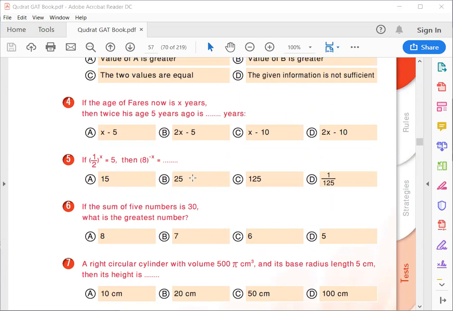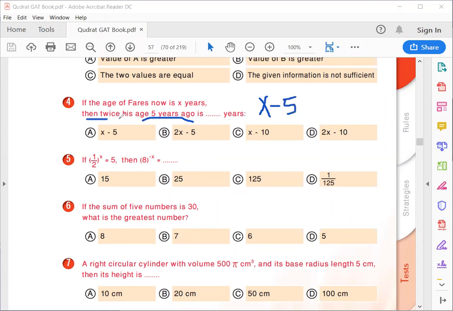If he said 5 years ago, now we suppose the age is X, but he said 5 years ago, so minus 5.